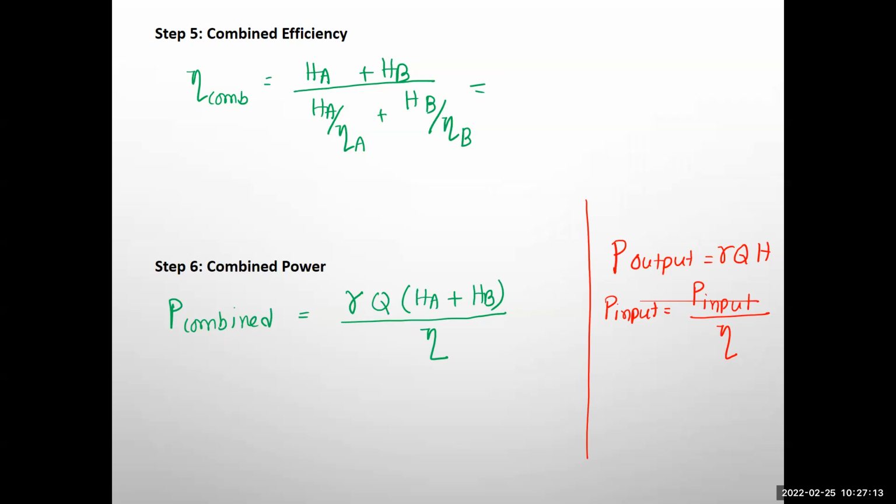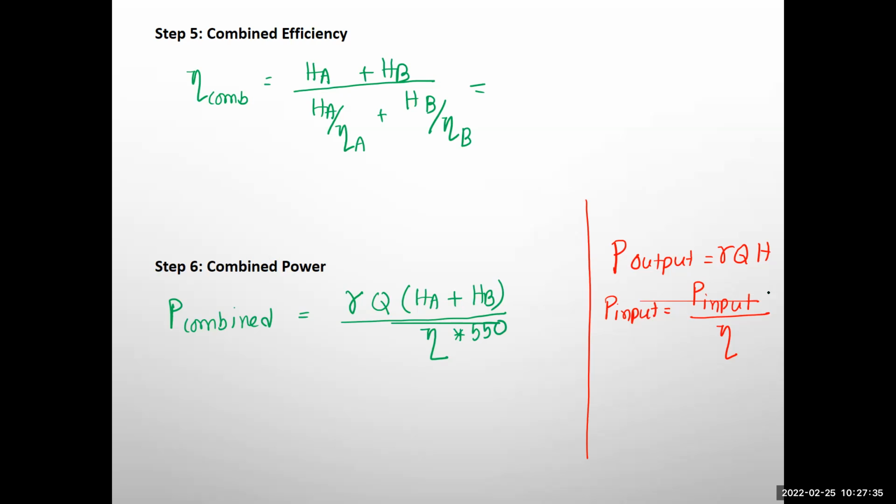Now, in your question, did they mention that you need to combine efficiency, input power? Okay, they didn't say anything that you need to calculate in horsepower, but if you want to convert everything in horsepower, you can divide by 550, right?